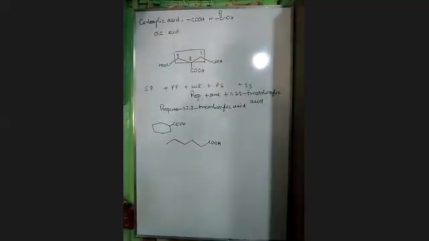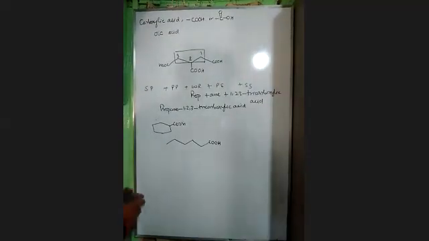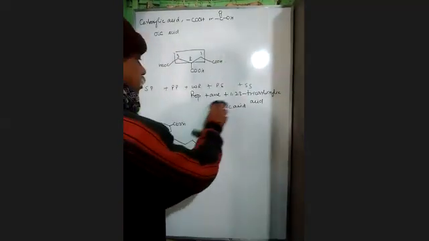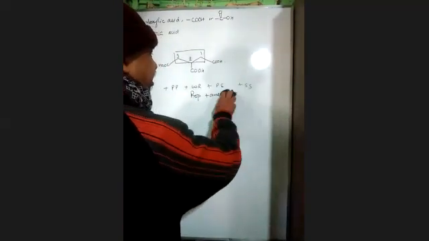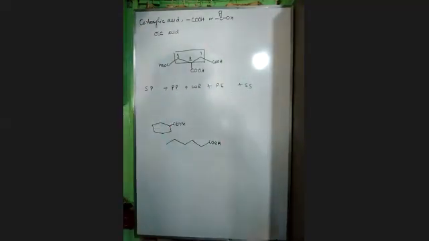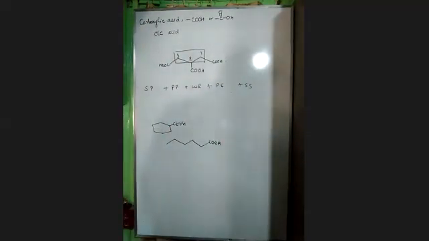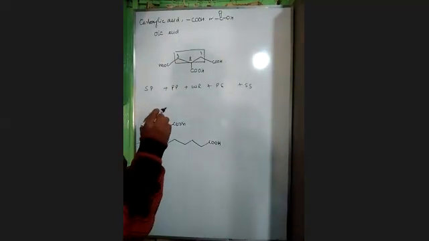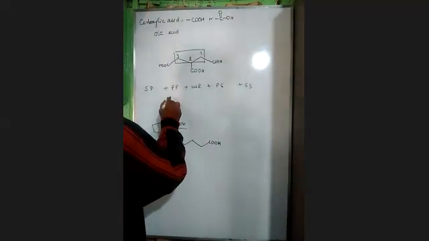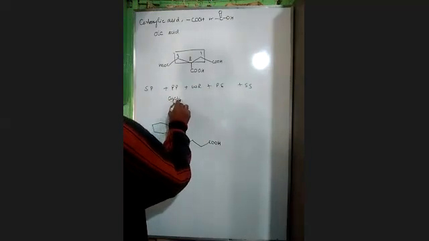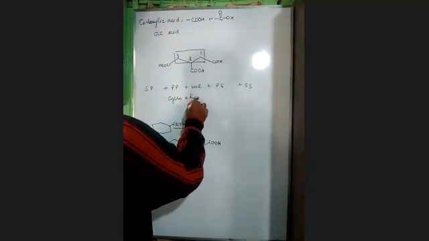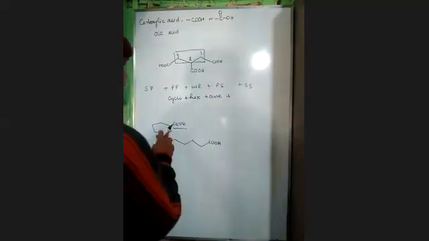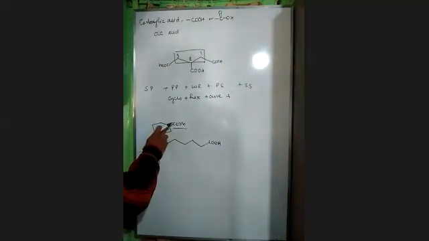So, what is the name of the first compound? Tell, don't keep quiet. Sir, cyclohexyl carboxylic acid. Yes, correct. You cannot call it cyclohexanoic acid because it's outside the main chain. Good. So it is cyclohexane, and here we will not put a number because it's a cyclic compound.